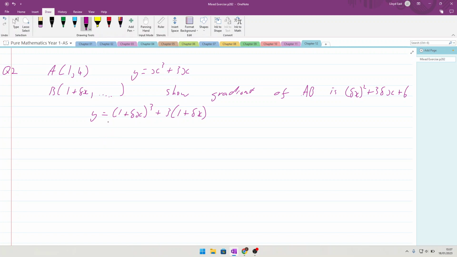Now, the gradient of AB is where, if you have your two points, you need to do the difference of the y's and the difference of the x's.